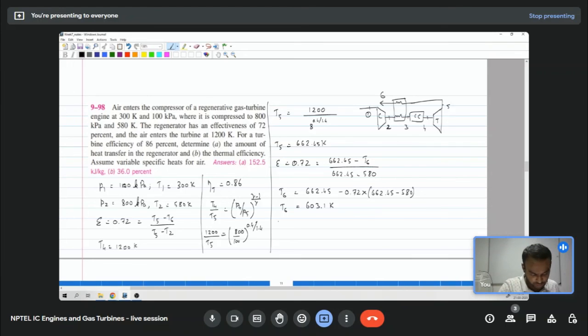So the heat transfer in the heat exchanger is Cp into (T5 minus T6), that is 1.005 into (662.45 minus 603.1).